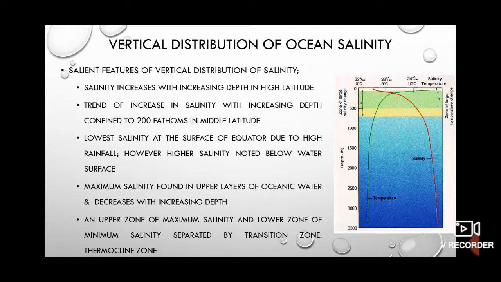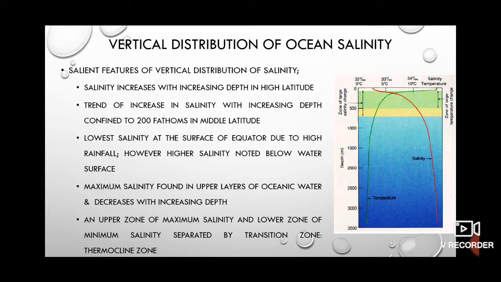Thus, there is a positive relationship between the amount of salinity and the depth because of denser water below. This trend of increase of salinity with increasing depth is generally confined to 200 fathoms in middle latitudes. Beyond this 200 fathoms, you can observe a decrease in salinity with increasing depth.